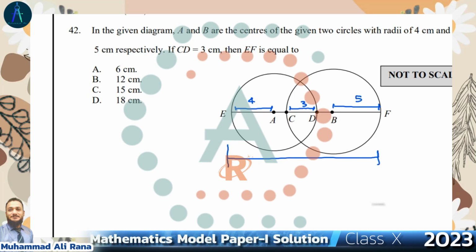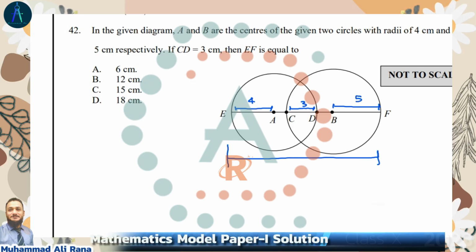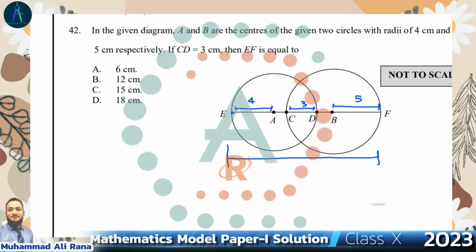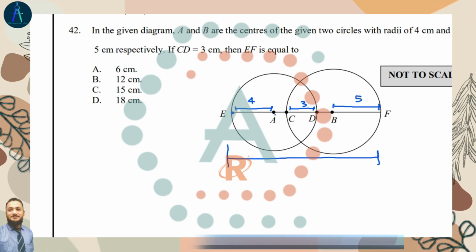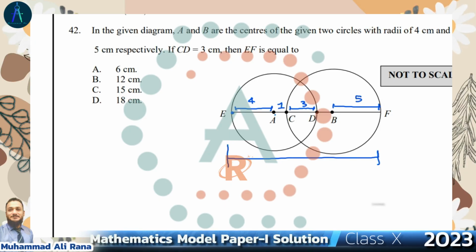As we can see, from A to E this is the radius 4, and A to D will also be a radius that is 4. So if C to D is 3, then A to C will be equal to 1. Similarly, B to F is 5, so B to C will also be 5 because these two are radii.